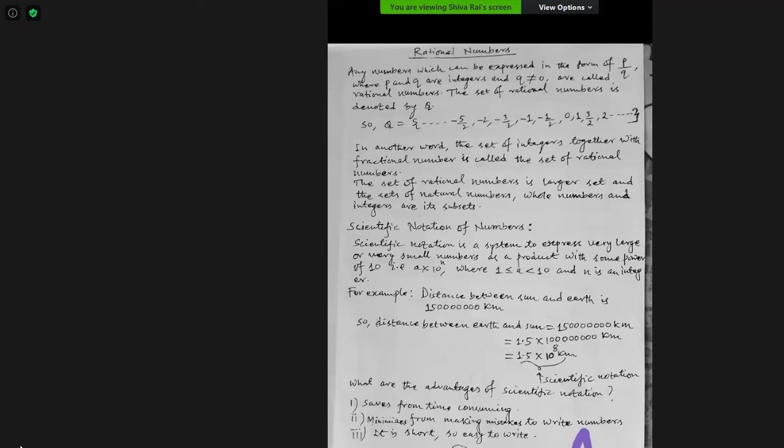Already 70, and here 5 also before 5. So here it is shifting 8 places left. So you multiply by 10 to the power 8; count the number of zeros: 2, 4, 6, 8. If you multiply 1.5 by 10 to the power 8, again you will get 15 crore.